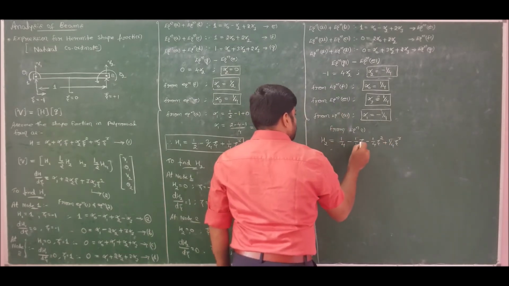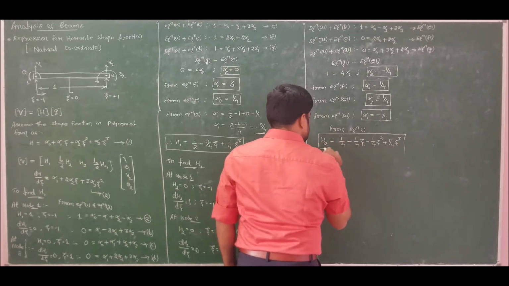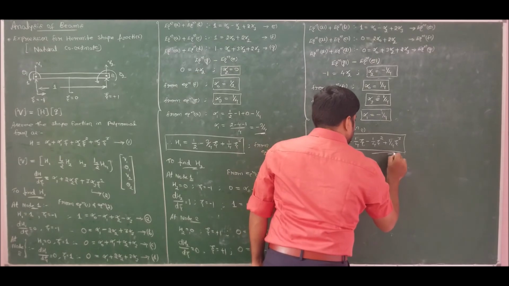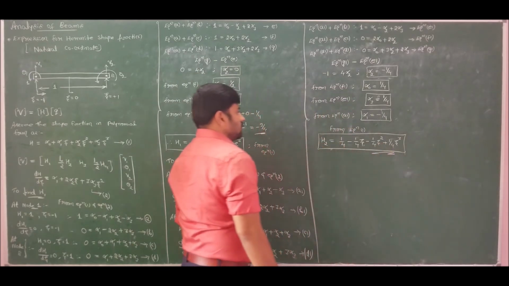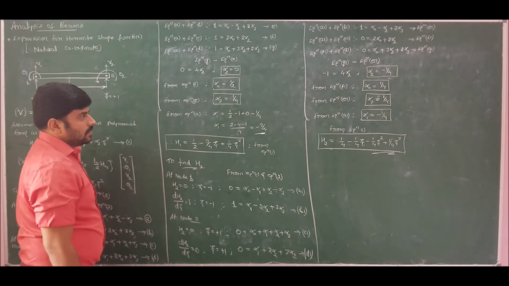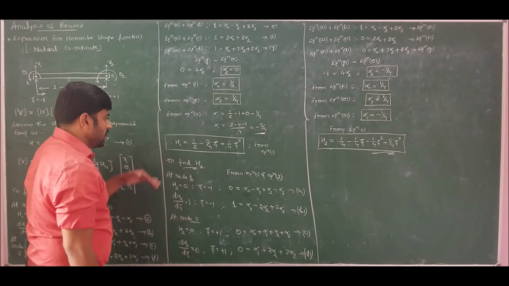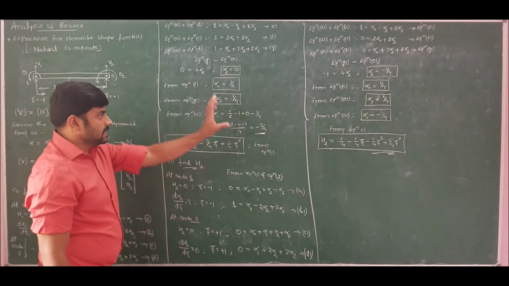So this is the value of shape function h2. So we have calculated the shape function h2 also. It is 1 by 4 minus 1 by 4 zeta minus 1 by 4 zeta square plus 1 by 4 zeta cube. Next, moving ahead to find the value of h3, repeat the same thing.